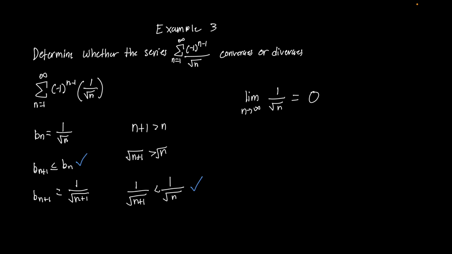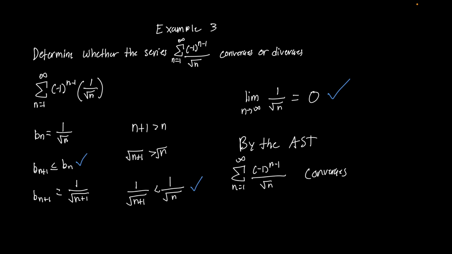We saw that both of these worked. Now we can say that by the alternating series test, the series the sum of (-1)^(n-1) over root n converges. Hooray.